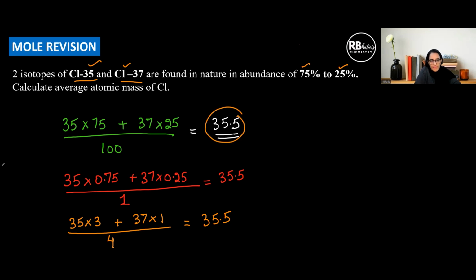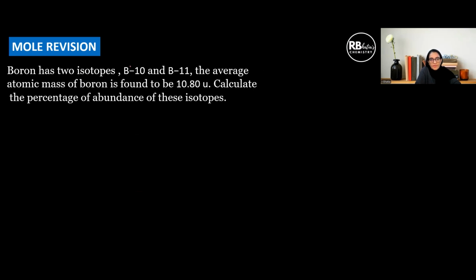Now, the second way in which this question can be asked: this time you've been given two isotopes of boron, boron 10 and boron 11. The average atomic mass is given, and they're asking you to calculate the percentage of abundance. So this time, what are we going to do? Let us assume boron 10 to be present as X%, and then boron 11 has to be present as 100 minus X. Why?